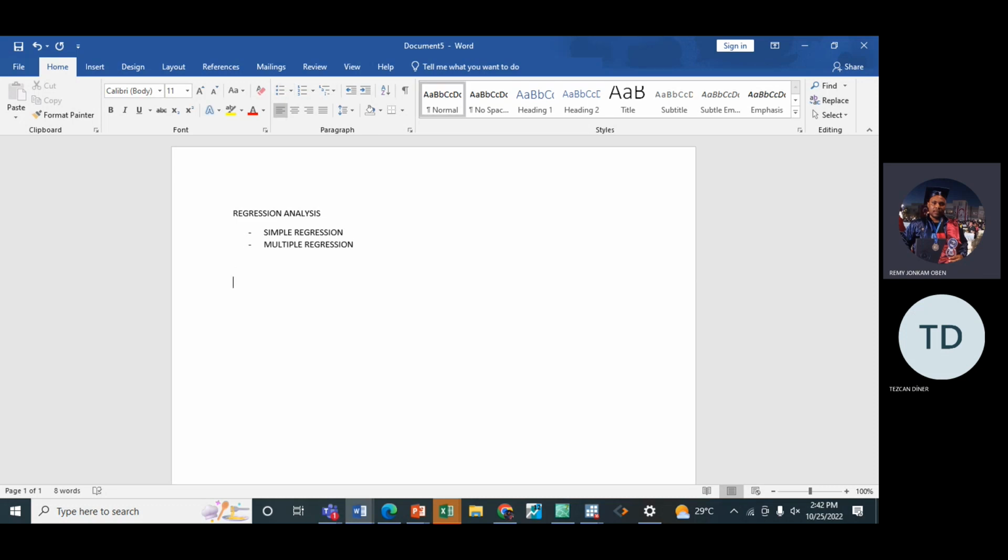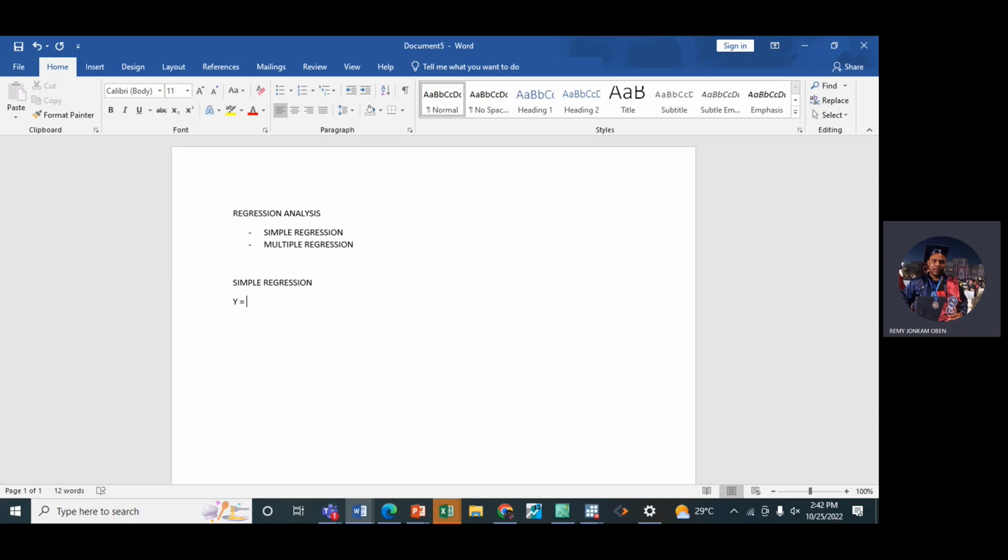So with simple regression, we have something like this, y equals beta 0 plus beta 1 x plus the error term.